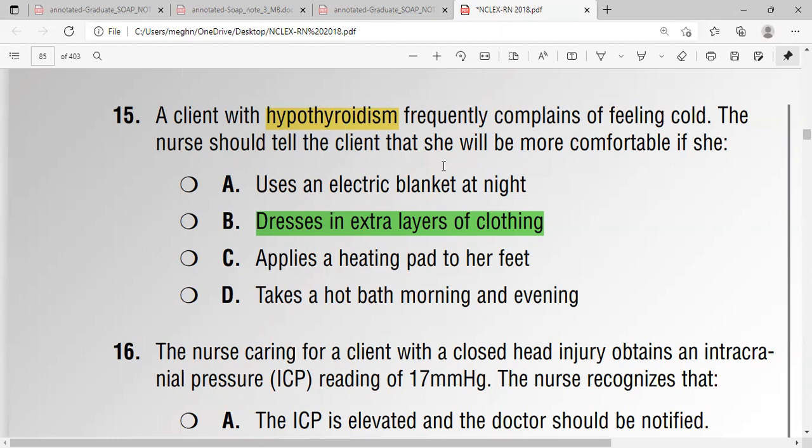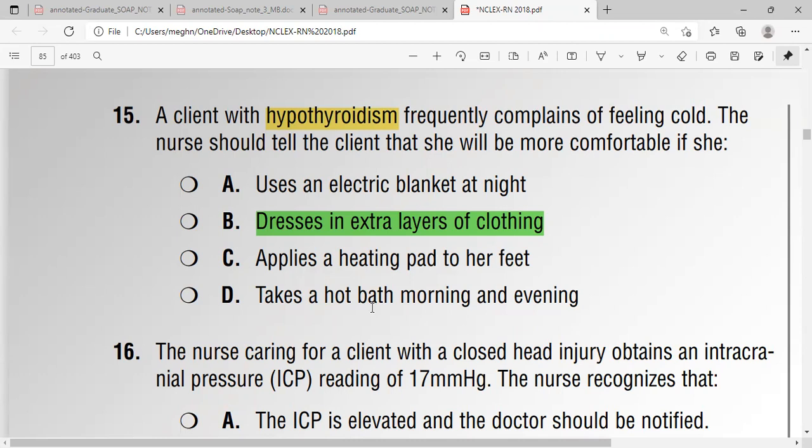So when we use the electric blanket, if any burn or damage occurs, they will not notice it, because of reduced sensation and alertness. If you apply a heating pad, it may cause a burn, but the patient will not notice. Like taking a hot bath, sensation is reduced. Too much hot water can cause blister formation, but the patient will not be aware of that.